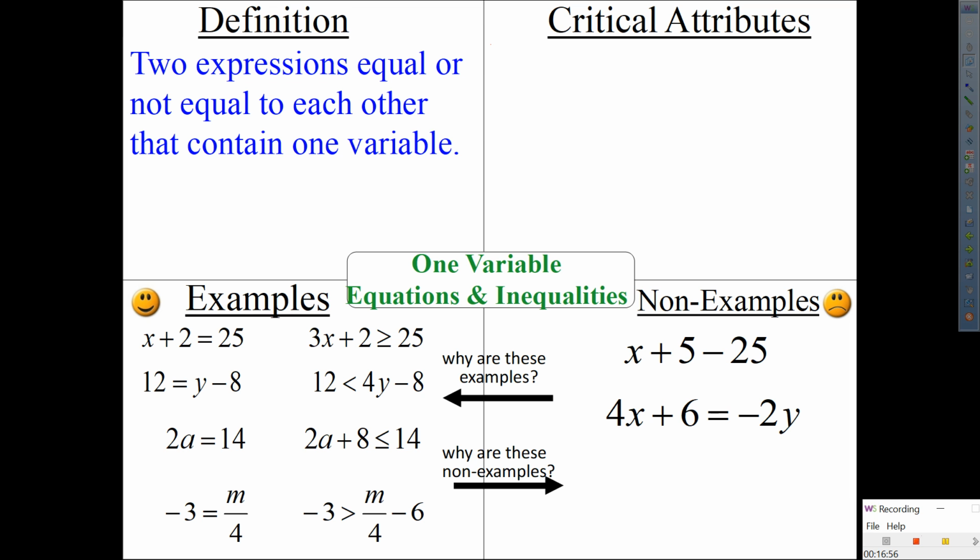Okay. The second one. Why was this one not a one variable equation? Caleb? Two different variables. Okay. Bonus question. What would be the name of this one? Think about it first. Tell your neighbor the name of that one, please. I think Valente's got it.